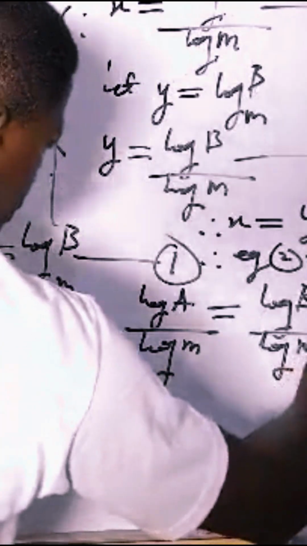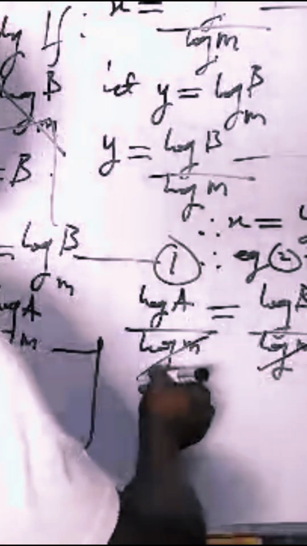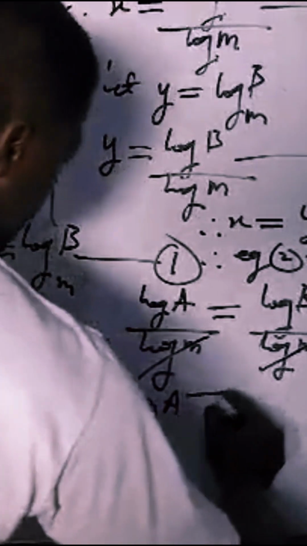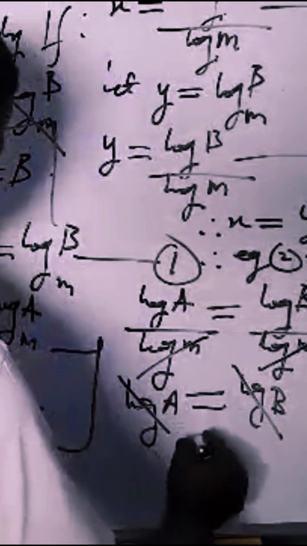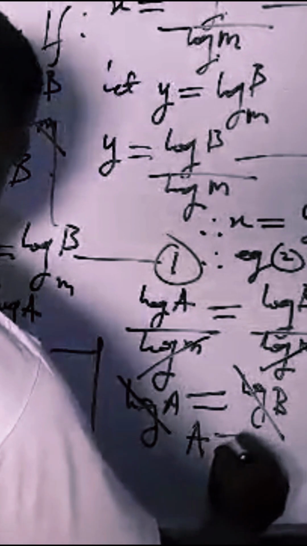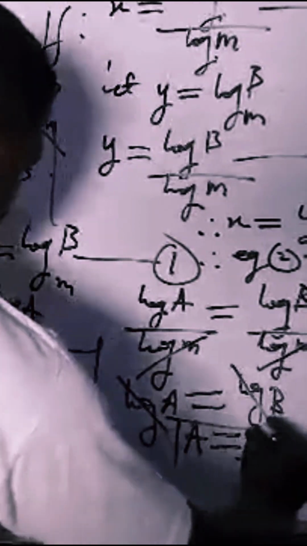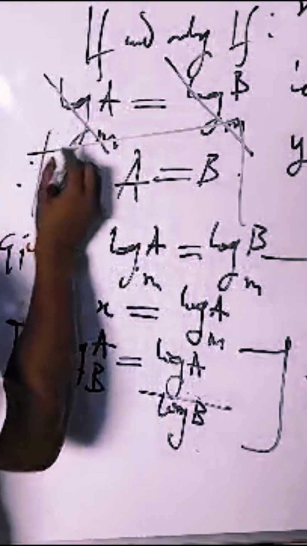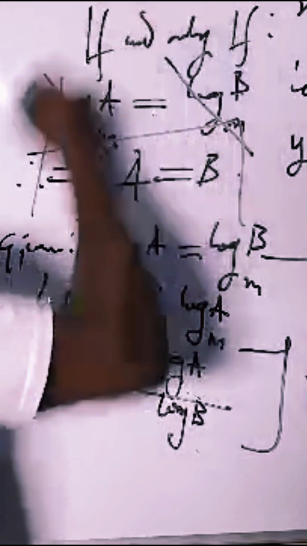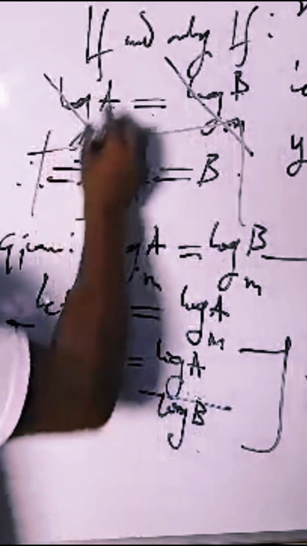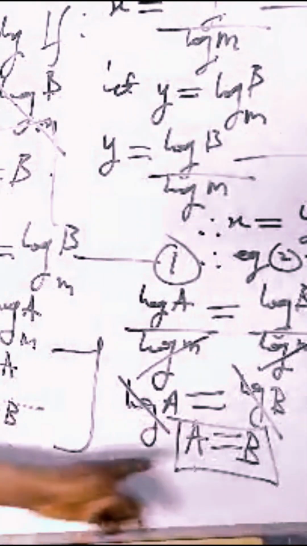So the bottom here will cancel this bottom, leaving the log of a to be equal to the log of b. The log here will strike the log here. So what is left is a, and that is equal to b. So indeed, if and only if the log of a to base m is equal to the log of b to base m, one can therefore conclude that a is equal to b, which I've been able to validate in this particular video.